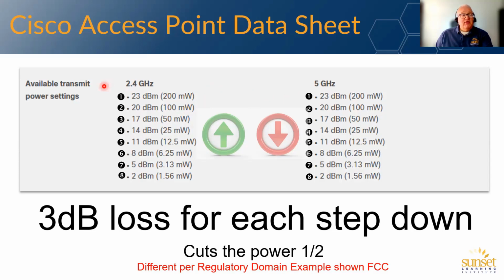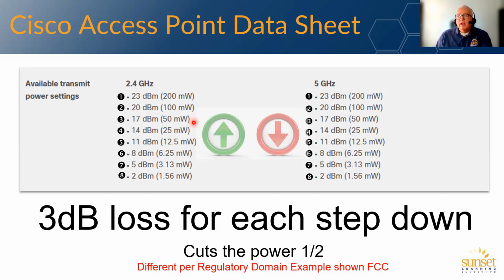So what does 1 through 8 mean? Well, 1 means highest power, 23 dBm, 200 milliwatts. If you step to a 2, that's 20 dBm, which is 100 milliwatts. If we step down to a 3, that's 17 dBm, which is 50 milliwatts.